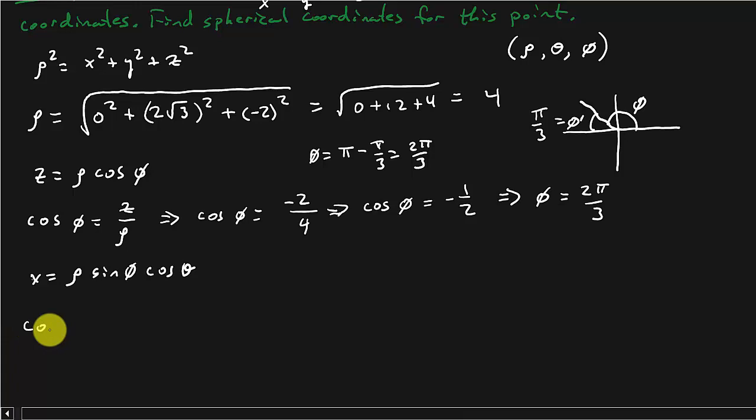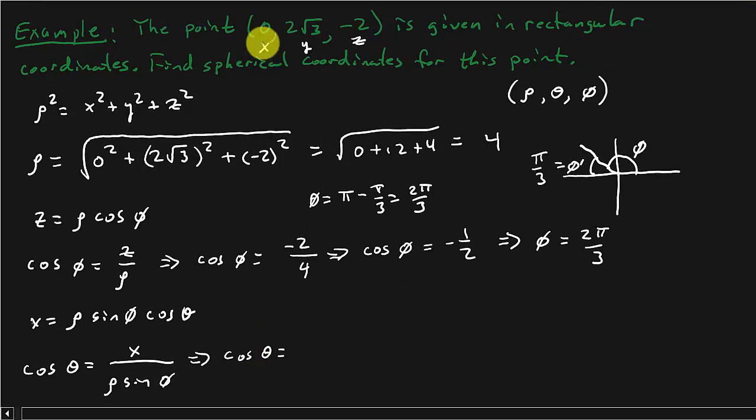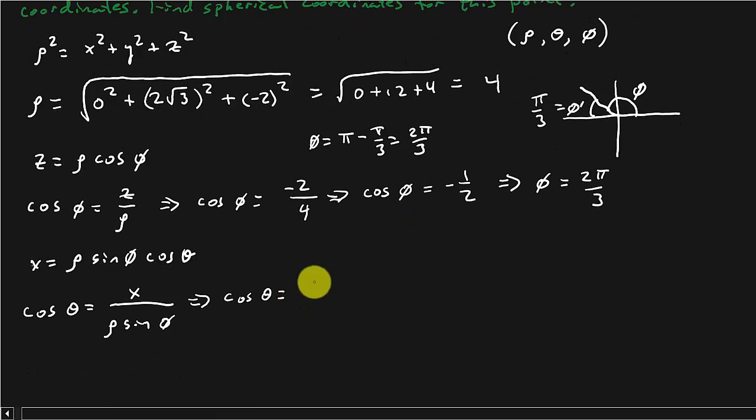So this tells us that cosine theta is equal to x over rho times sine phi, which means cosine theta is equal to x, and x is 0 in this case, over rho, which is 4, times sine phi, which is sine of 2 pi over 3.